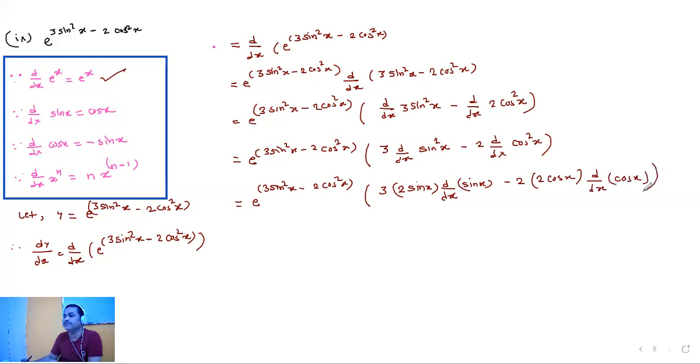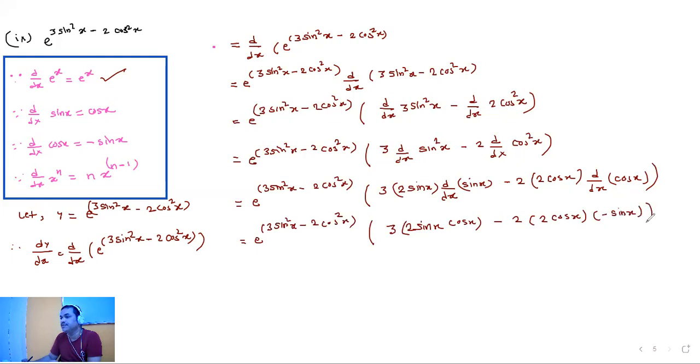cos of x. So what this will turn out to be, let us see, is sine square of x minus cos square of x. So that will be 3 into 2 sine x into the derivative of sine x, which is cos x, minus 2 into cos x, and the derivative of cos x is minus sine x.